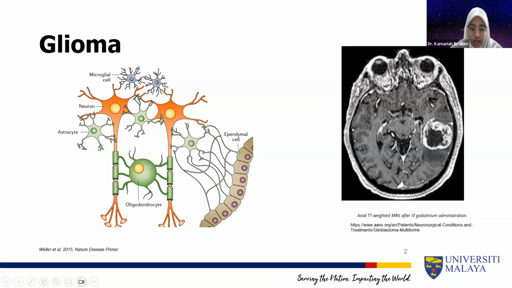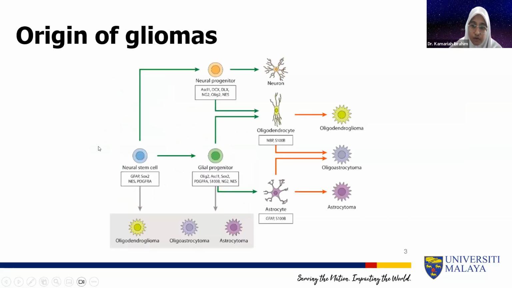This is a representation of glioblastoma taken from imaging. You can see here the origins of glioma. It starts off with the neural stem cells.